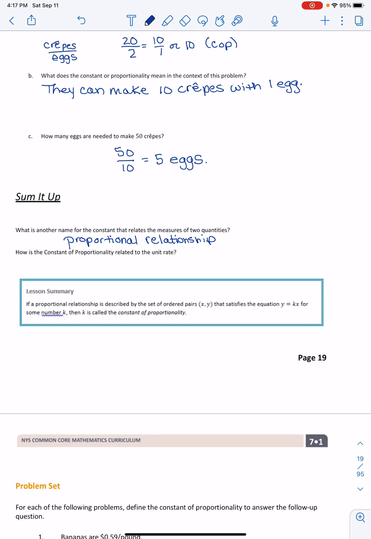Well, they are the same. So to sum it all up, if a proportional relationship is described by the set of ordered pairs x and y, which we are going to use throughout the entire unit, that satisfies our general equation with constant of proportionality k, then that is what it's called. And that ends our lesson for today.